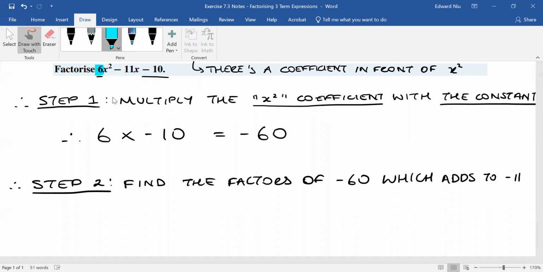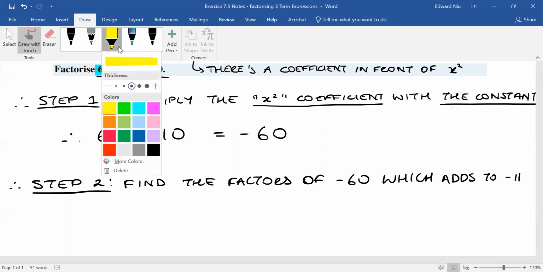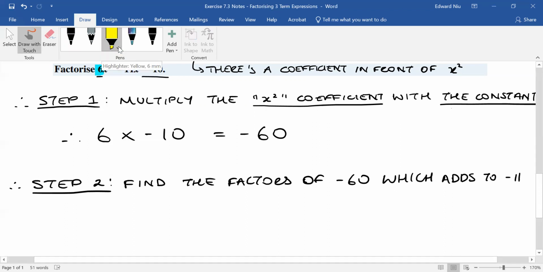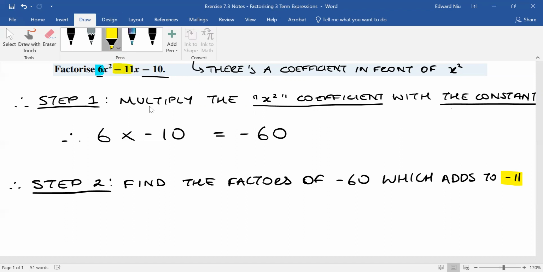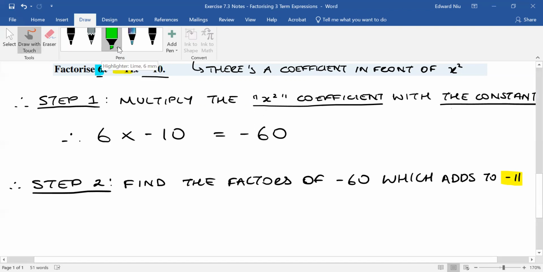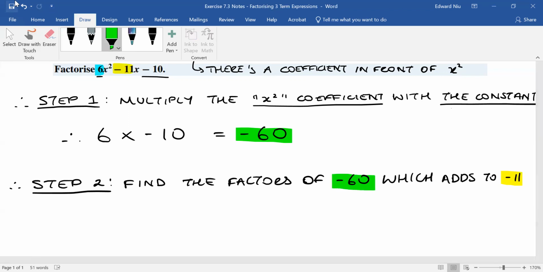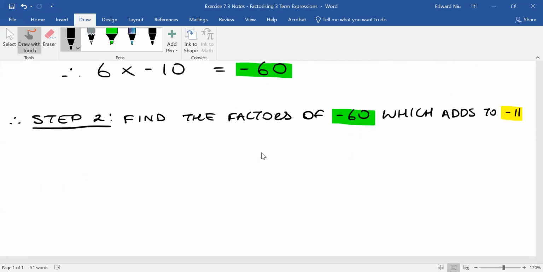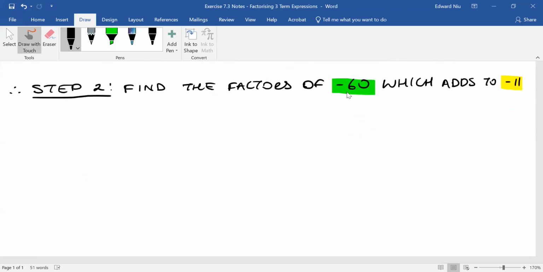Let's do some highlighting to make sure we know what we're talking about and where these values came from. Okay, -60. So the -60 was just from above, which adds up to -11. All right, so let's have a think of the factors of -60.